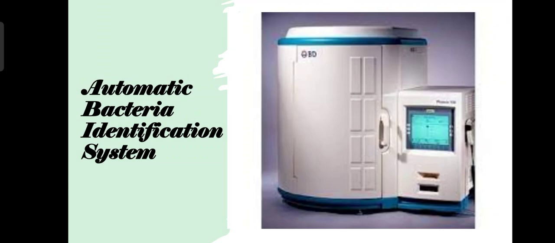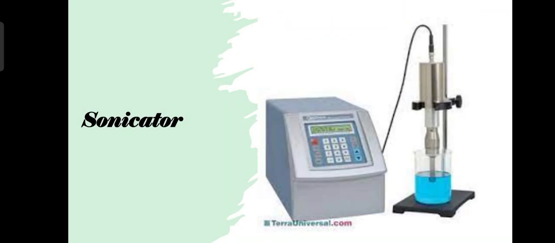Automatic bacterial identification system. As the name implies, it is used to automatically identify bacteria in a very short time. Sonicator is widely used in the laboratory to disperse nanotubes into a polymer matrix.